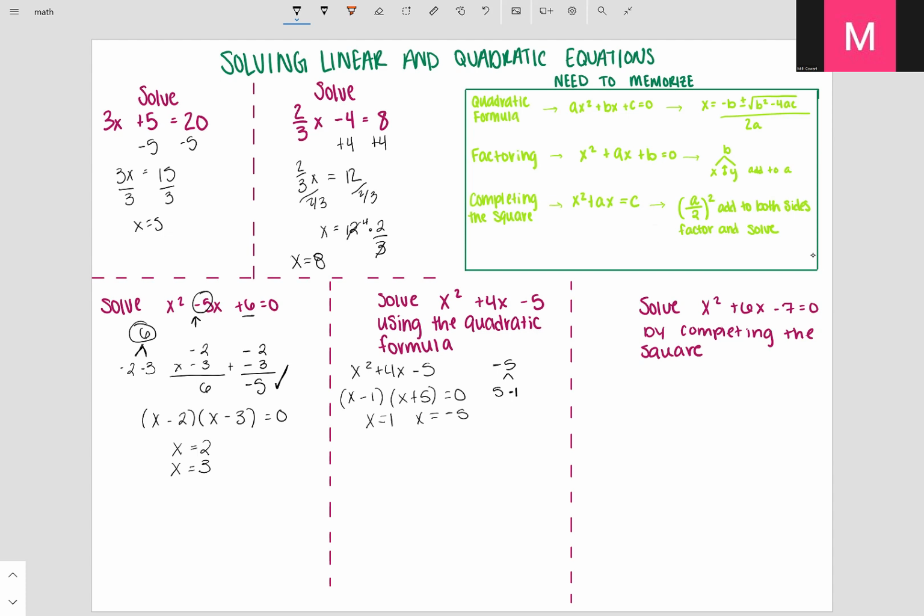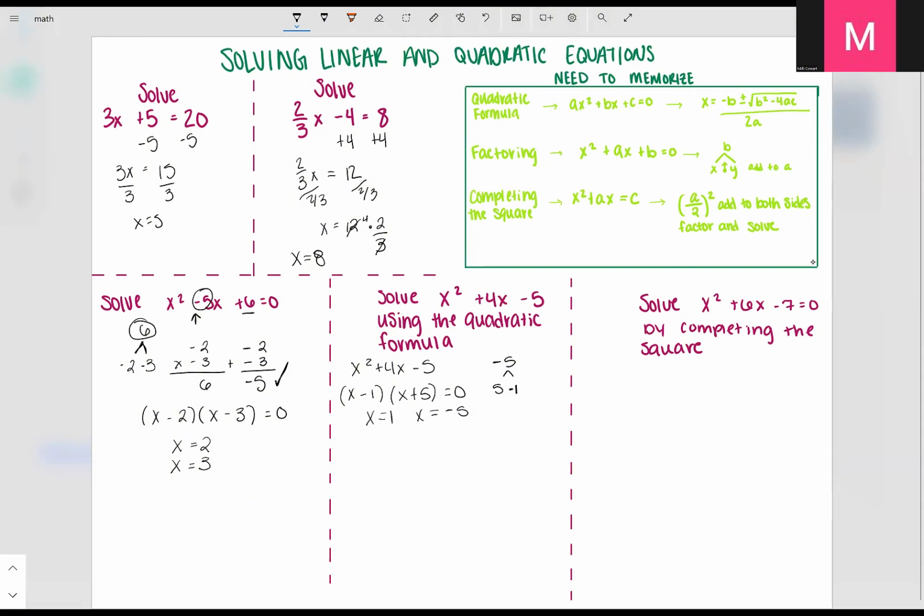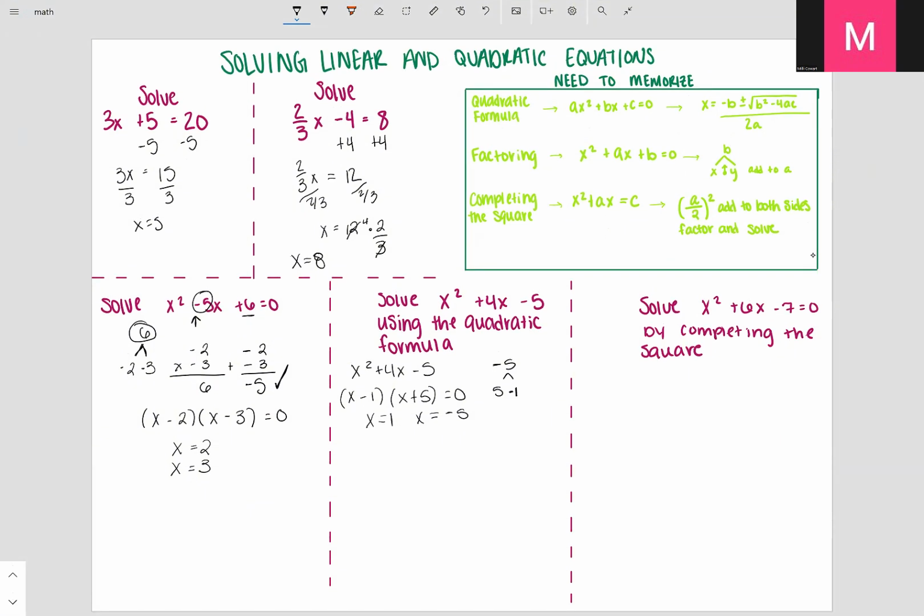So now let's put that into the quadratic formula. Usually you use this when the equations are not factorable. Okay, so our quadratic formula is x equals -b plus or minus the square root of b squared minus 4ac, all over 2a.